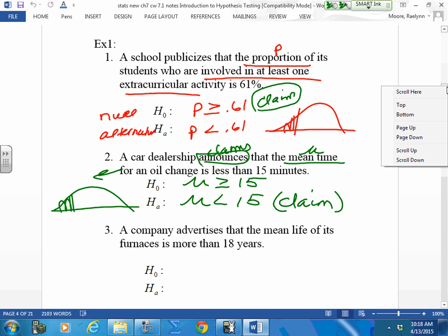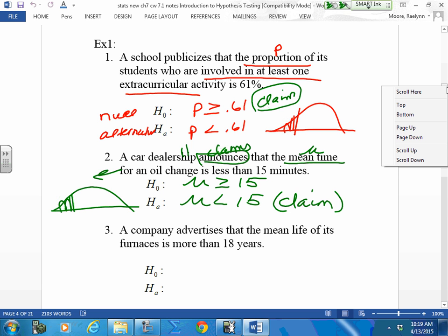How are the sketches? The sketch is not the same. It always follows the alternative. But why are those two the same? Because these are both the less than. Oh. I thought it goes by the claim. Nope. The sketch goes by the HA. The claim, notice in this one, the claim is either one, right? The equal sign is always the HO. In this case, yes.